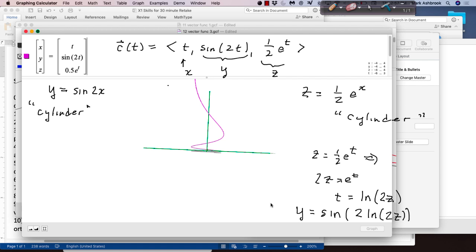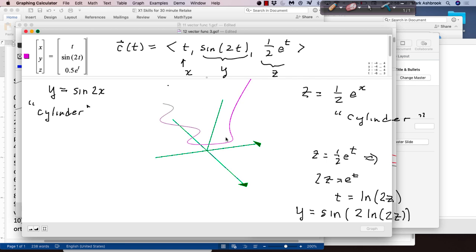Okay, so one way to help you sketch these curves is to isolate two of the variables and come up with the equation of those two variables, and that will be like the projection into that plane. So the projection into the xy plane, or the cylinder that it lies on, is y equals sine 2x.